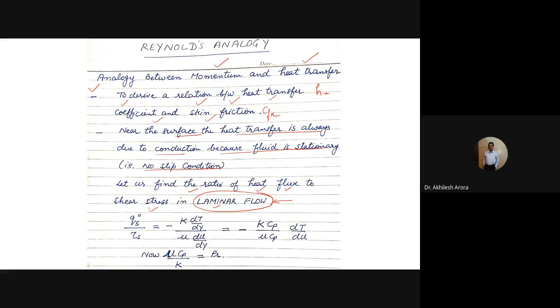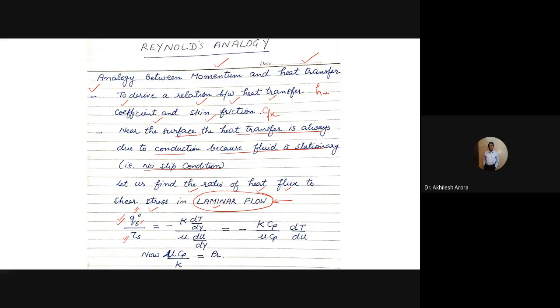If we calculate the value of the heat flux, which is given as Qs double dash, this is the heat flux at the surface. S stands for the surface, and we divide this term by the shear stress at the surface. As you know, at the surface the heat transfer is because of conduction.